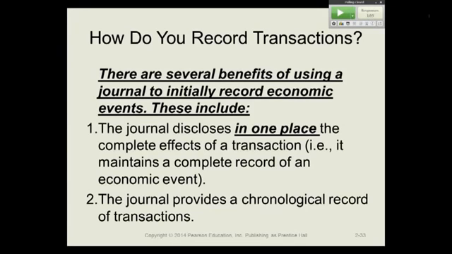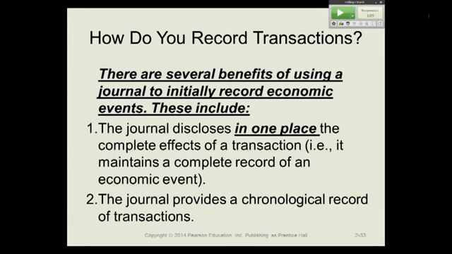For example, we're going to look at the entry to invest in Smart Touch Learning, and you'd find that we debit cash and we credit common stock. We keep that together in the journal. When we break that up into the T accounts, cash could be on page 1, stockholders' equity could be on page 14, and you don't see the transaction together. So the idea is to keep the transaction in one place.